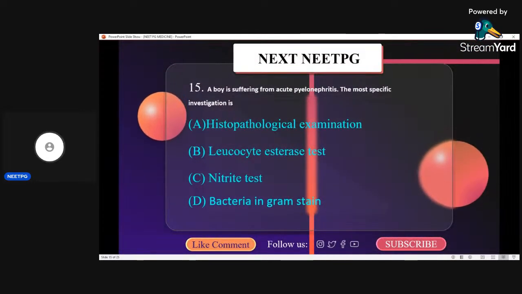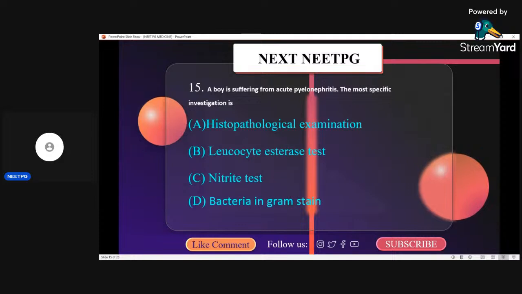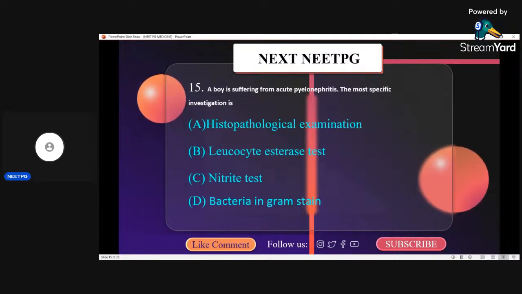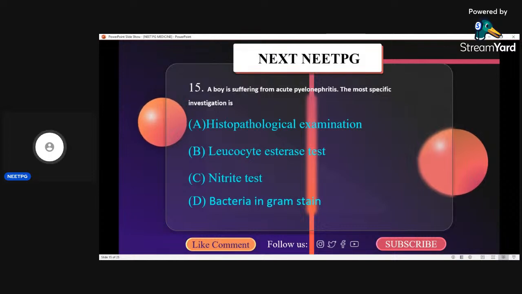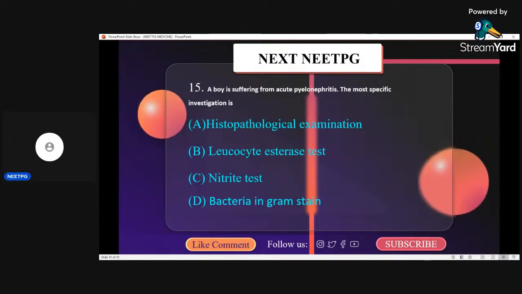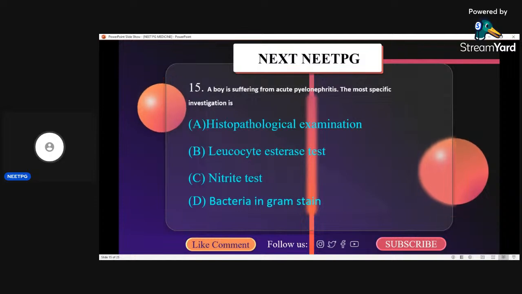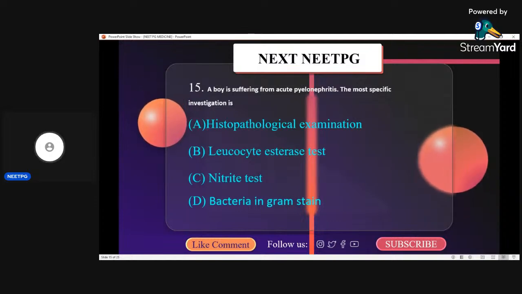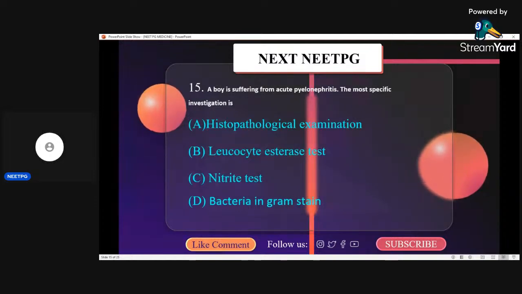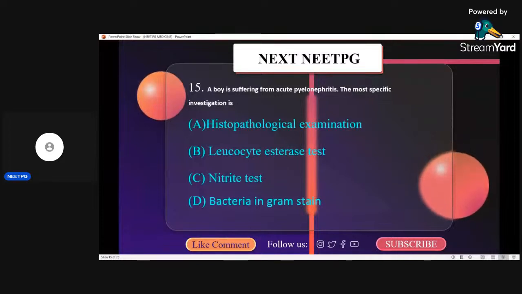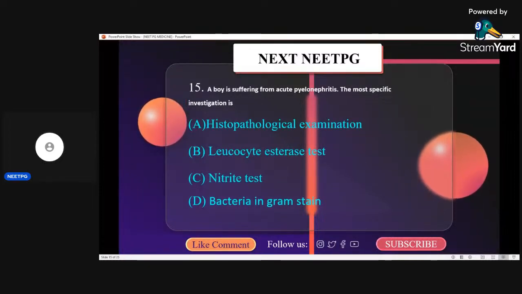A boy is suffering from acute pyelonephritis. The most specific investigation is A. Histopathological examination, B. Leukocyte esterase test, C. Nitrite test, D. Bacterial gram stain.